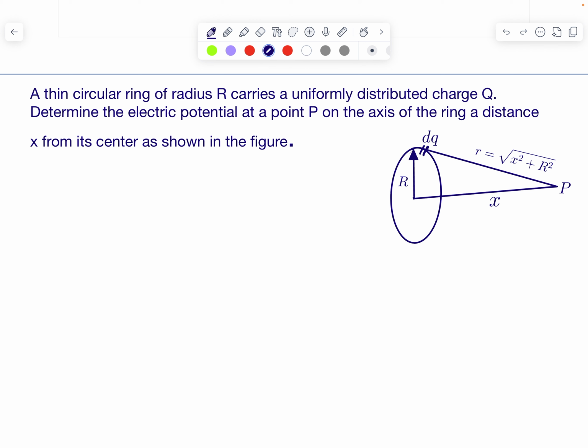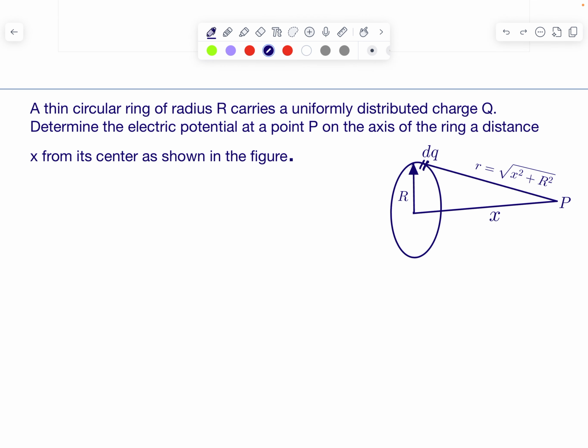Okay, and now we're going to find the potential difference or electric potential at point P. And the total charge is Q, which in general is 2 pi r, the circumference of the ring, times lambda.